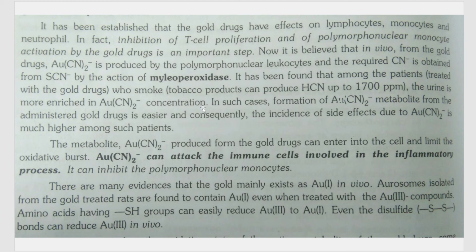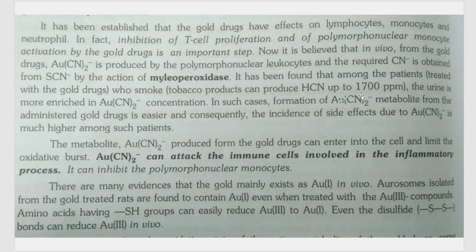So if that person who is smoking also has arthritis and has undergone gold complex treatment for arthritis, then what happens? That person's body already contains CN minus, and Au is also there in the body because he is undergoing treatment, correct? So there is a formation of this complex in that person's body.